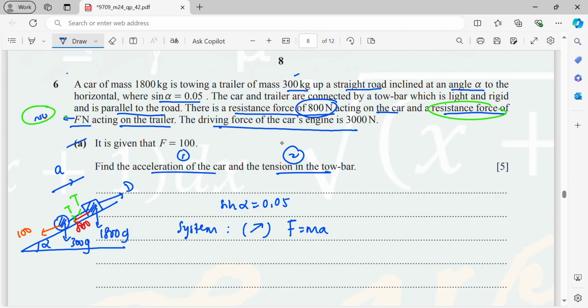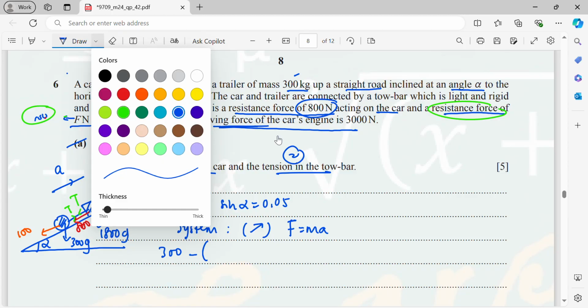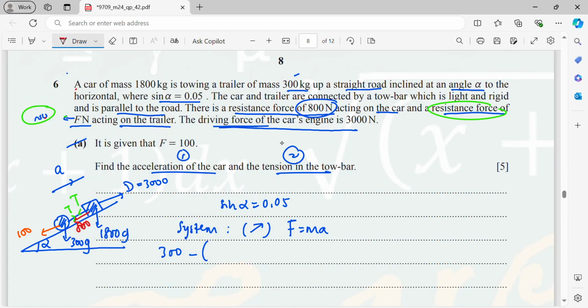Firstly, the driving force is 3000, so I will say 3000 minus the 1800g. Look here, this is alpha, here is alpha.